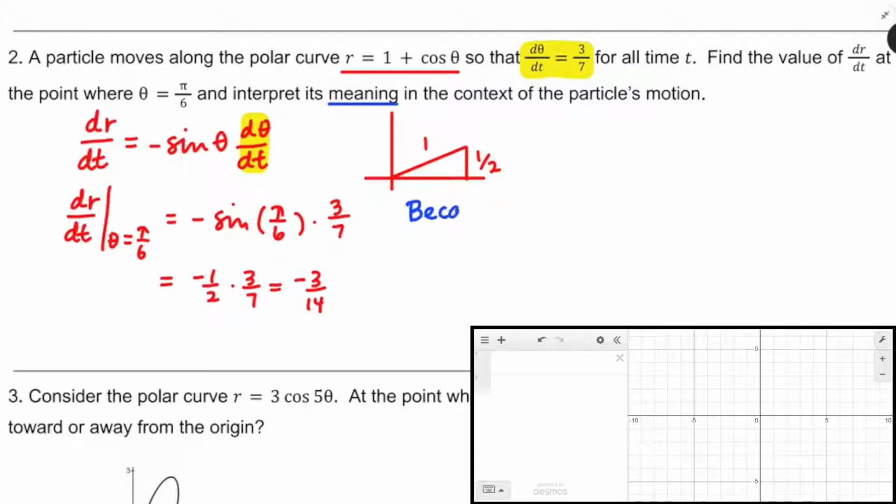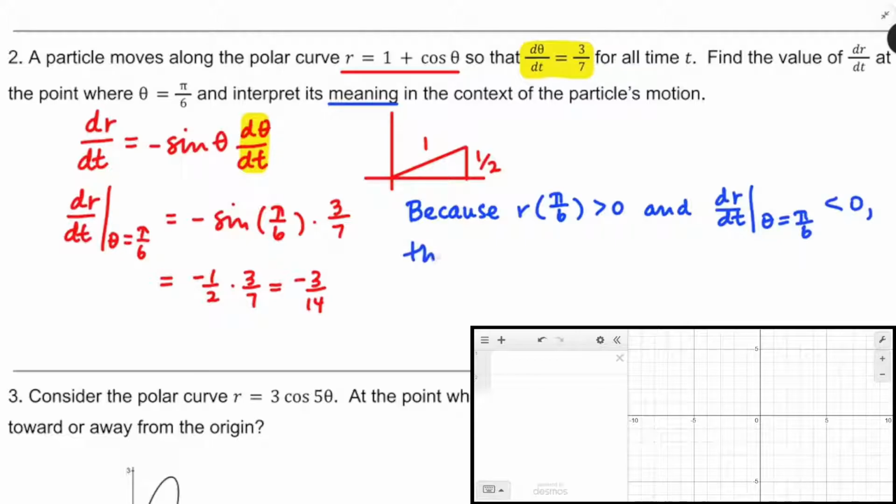I'd say that because r of pi over 6 is greater than 0, and dr dt at theta equals pi over 6 is a negative number, the particle is moving toward the origin. We don't know the time, since this is a related rate problem.